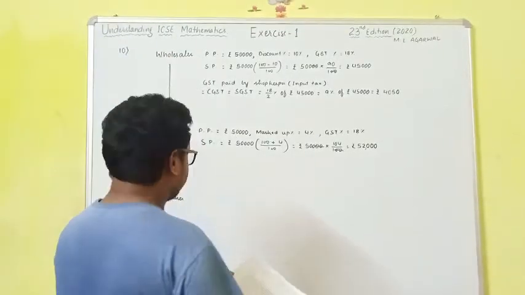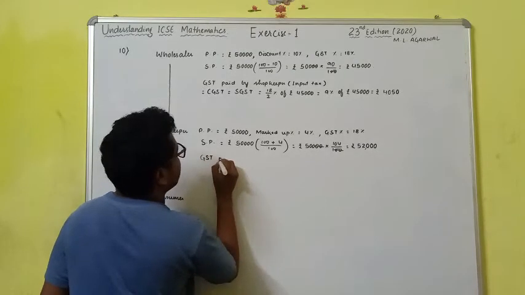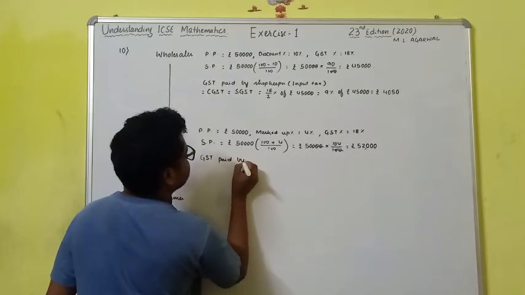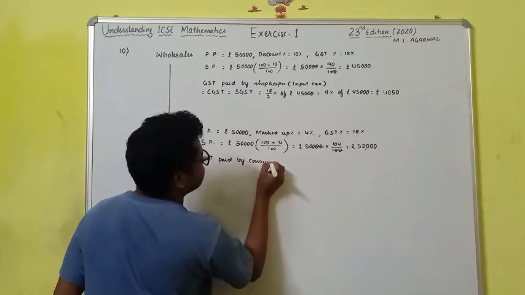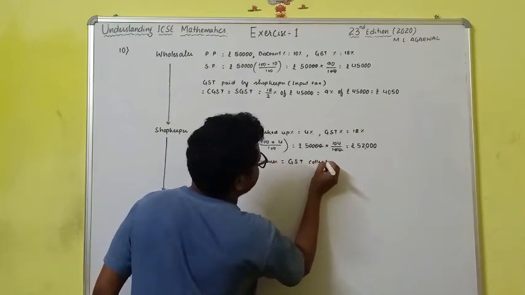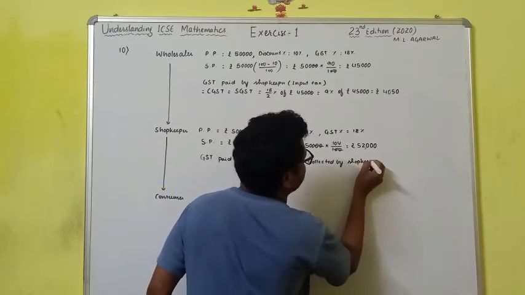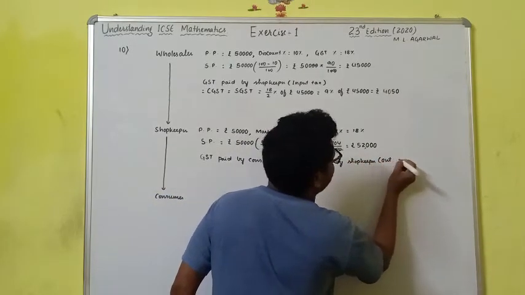So the GST paid by the consumer, or GST collected by the shopkeeper, is also called output tax.